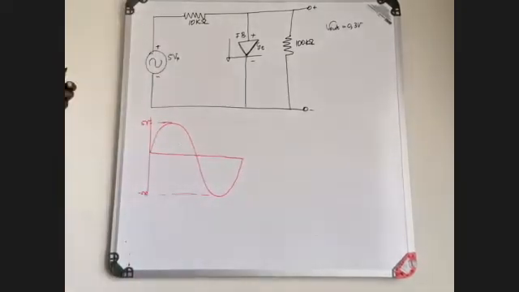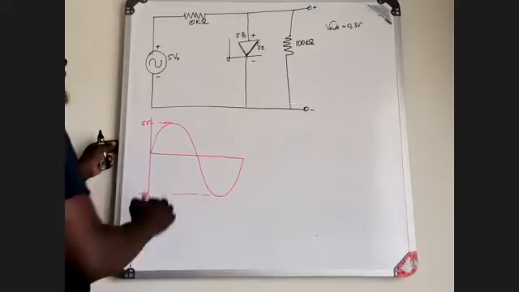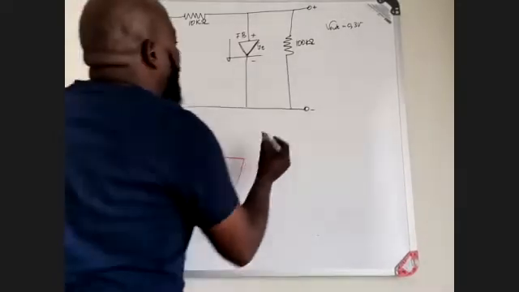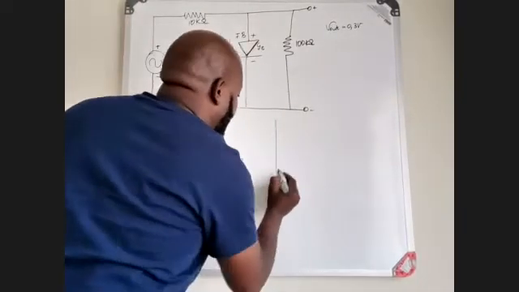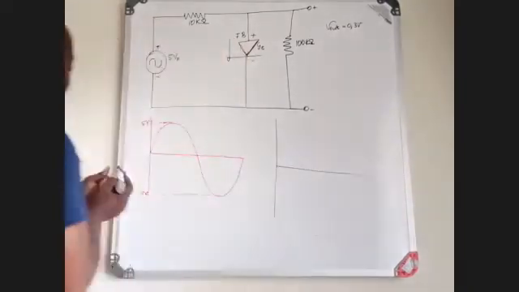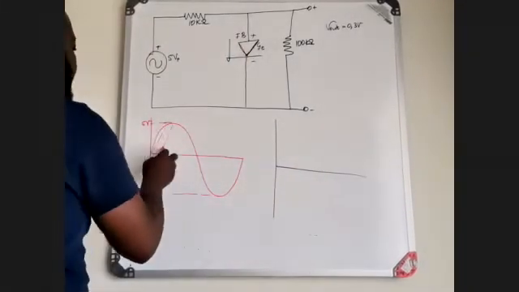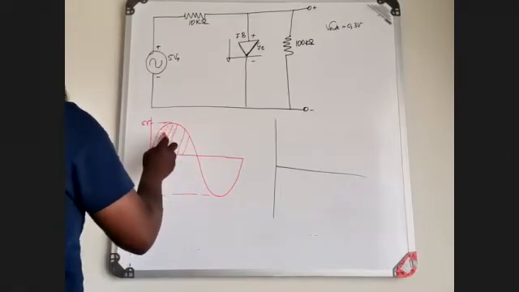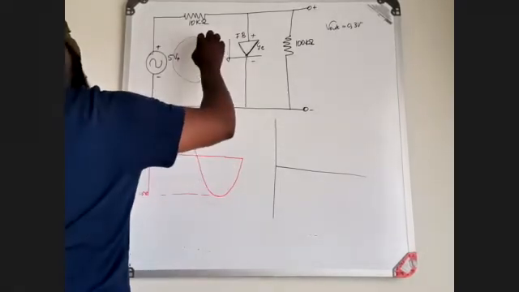Now, if I were to look at this at the output, during the positive cycle, your current is moving in that direction.